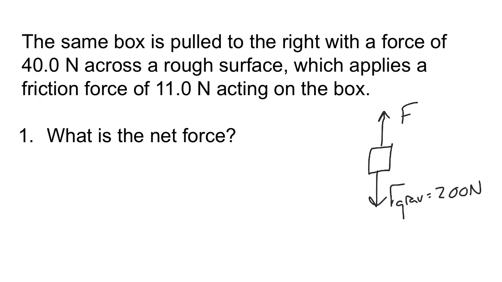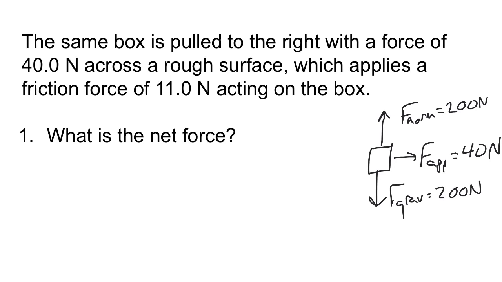I know that it's still being held up by a table, so I know that the normal force is also 200 newtons. It's being pulled to the right with a force of 40 newtons. So F applied equals 40 newtons. And I know that it's sliding across a table and it has a friction force of 11 newtons. Well, it's being pulled to the right now.